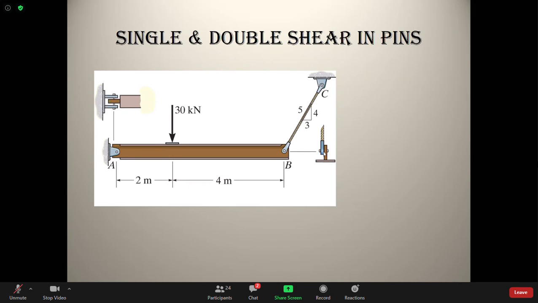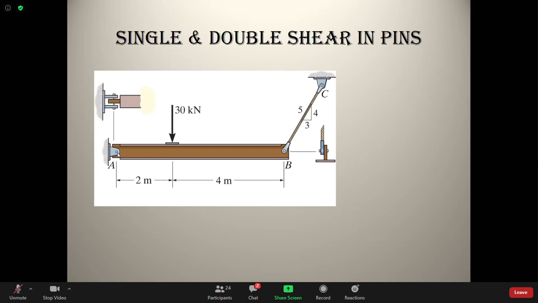So if you imagine the area of the pin right there, this will be under shear because it is being pulled in opposite directions. And the force applied on the pin is parallel to the cross-sectional area of the pin. You see what I'm saying? And it will be resisted by just one cross-sectional area of the pin. So that is why this pin is said to be in single shear.